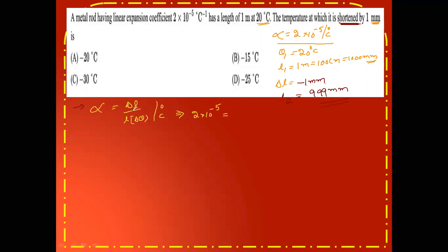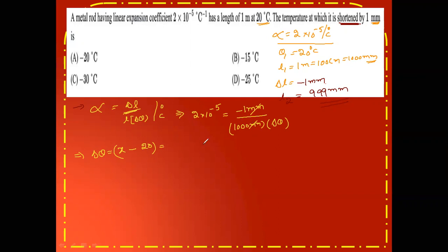This is equal to delta L, which is shortened by, so you can put minus 1 millimeter, upon the initial length, 1000 millimeter. Put units also to avoid confusion. Multiplied with delta theta. So meter and millimeter cancel out. Delta theta is the final temperature, which is not known to me, minus the initial temperature, 20.